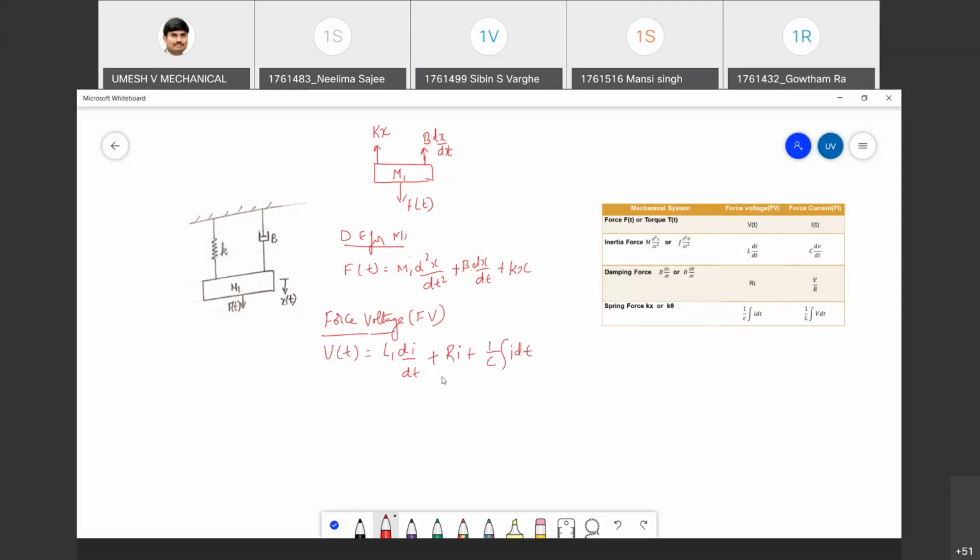Now, this is the differential equation of the given mechanical system. Then write the equivalent force-voltage equation here by referring to the table. For this equation, you have to draw the circuit. How will you draw the circuit? Look here. When we talk about force-voltage, the current will be there in the loop.